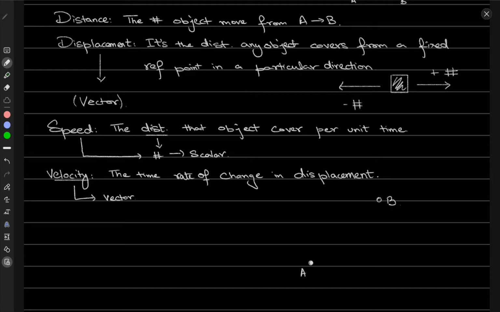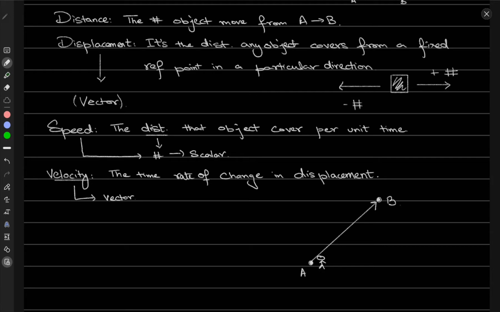If I start my journey at this point, I can reach point B if I draw a straight line from A to B. Now this straight line is the displacement. This is the shortest path in reaching from point A to point B, distance wise.